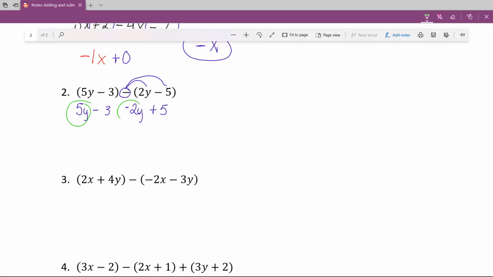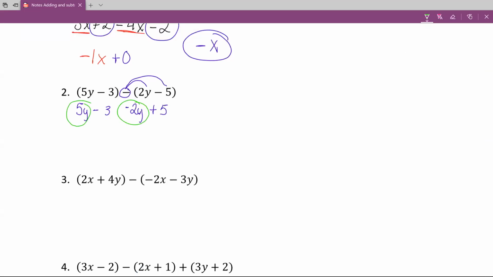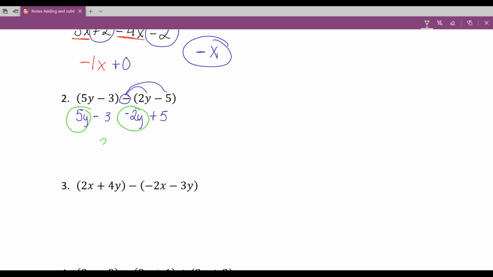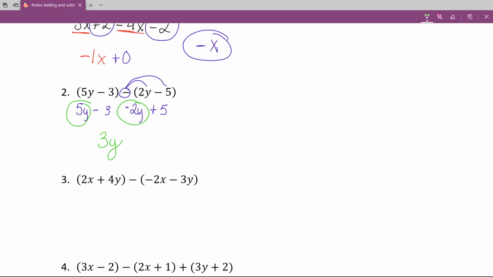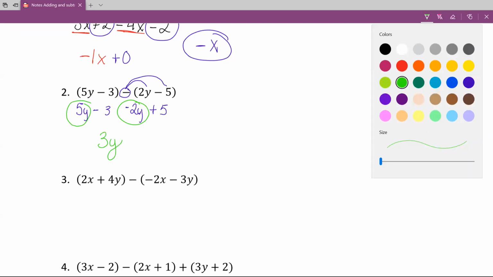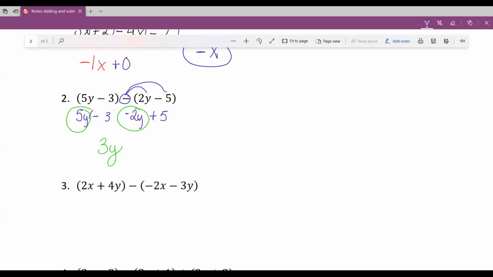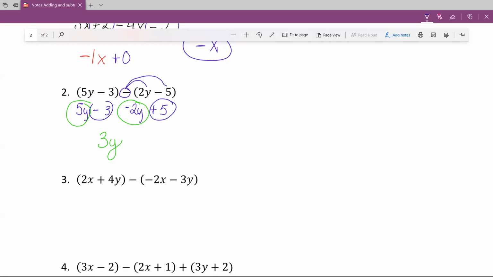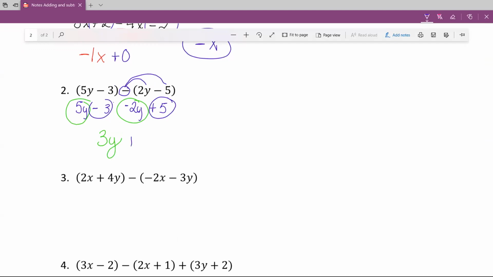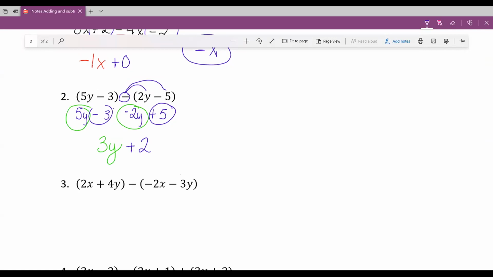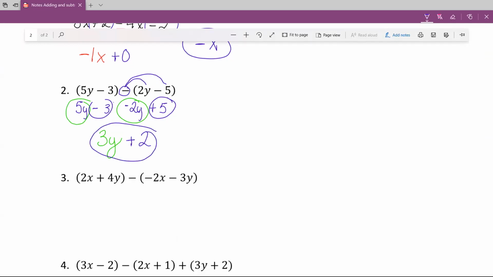I have a 5y and a negative 2y. 5 minus 2 leaves me with 3y. A negative 3 and a positive 5 leaves me with a positive 2. Powers highest to lowest, 1, none. So I know I'm all set.